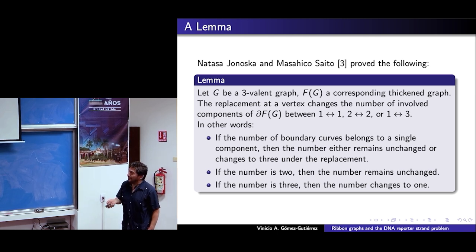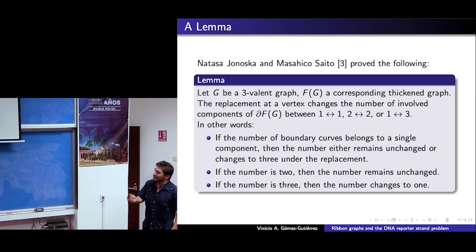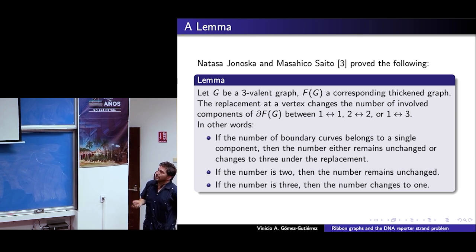The lemma says the following. Let G be a trivalent graph, and f(G) a corresponding thickened graph. The replacement at a vertex changes the number of involved components of the boundary of the thickened graph from 1 to 1, 2 to 2, or 1 to 3.